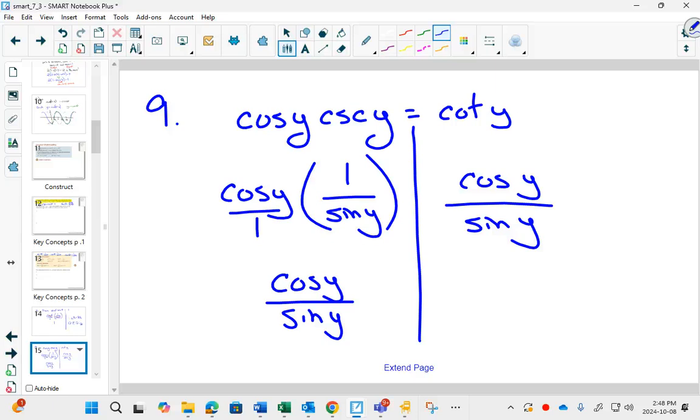So, just changing it to sine and cosine and using your fraction rules to get a single fraction on both sides, I will tell you about 90% of proofs can be done this way. So we've got it done. So we've got left side equals right side. And we're all done.